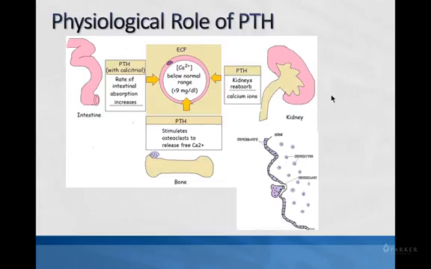So think of it this way. The major stimulus or role of parathyroid hormone is that it's going to be released if your blood calcium levels are getting low. So it's like, I need to get my calcium levels back up, otherwise we're going to have problems.